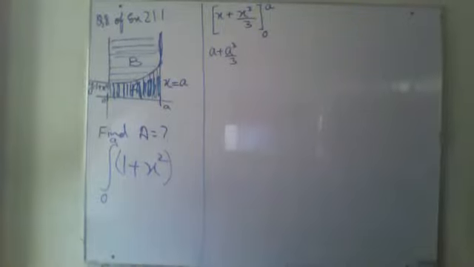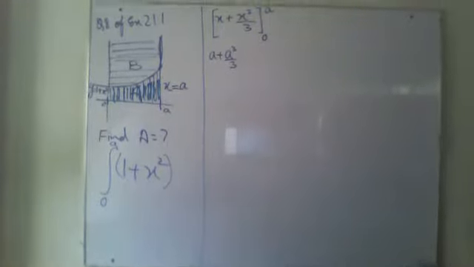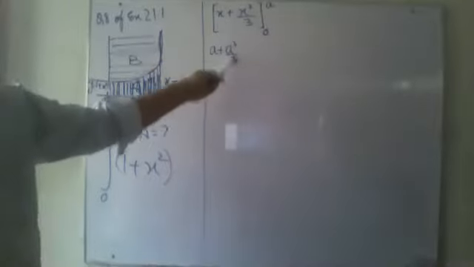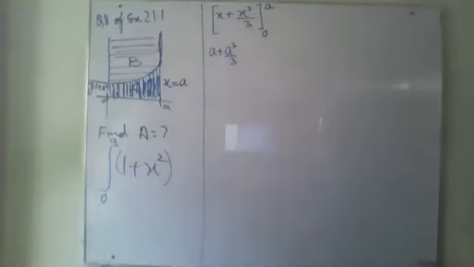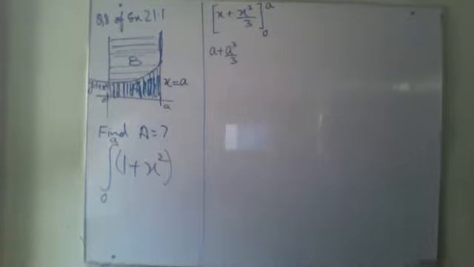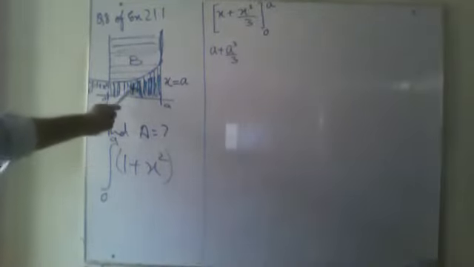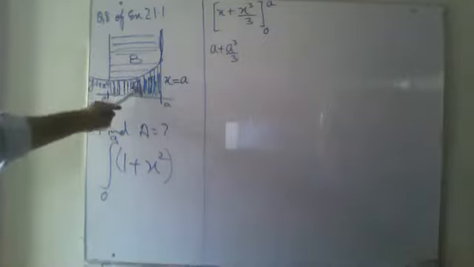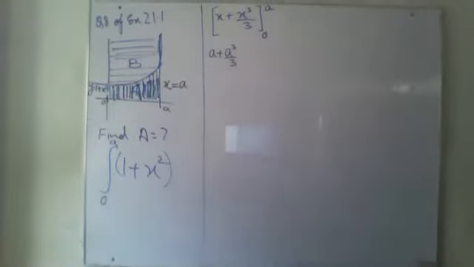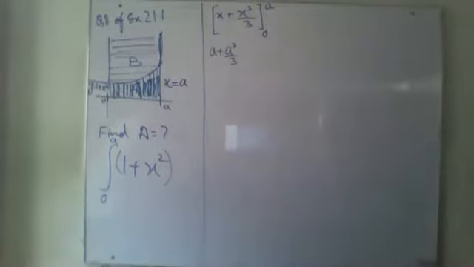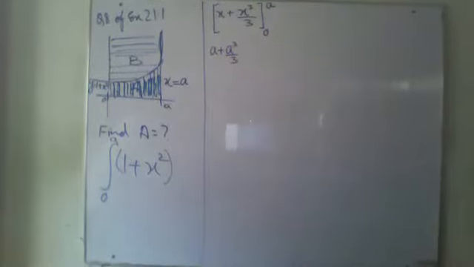That's why I'm not going to write anything over there. I have just applied the value of a in this one, and I have got this result. That is the first thing which they have asked for: find area A in terms of a. I have written it over here.